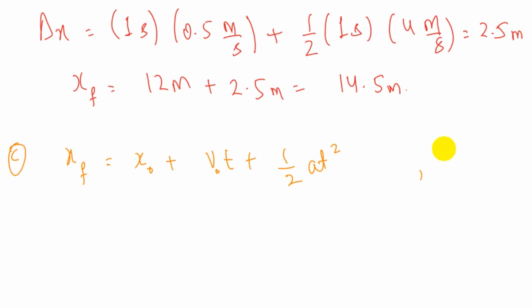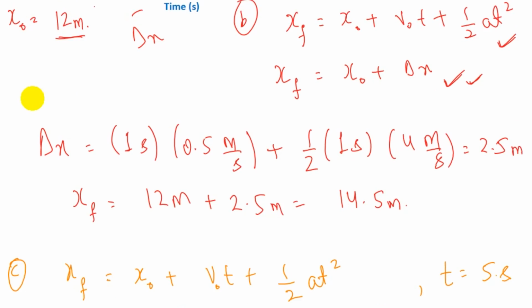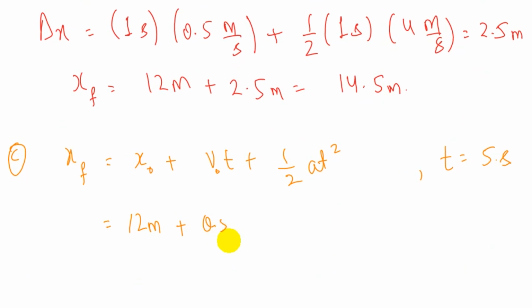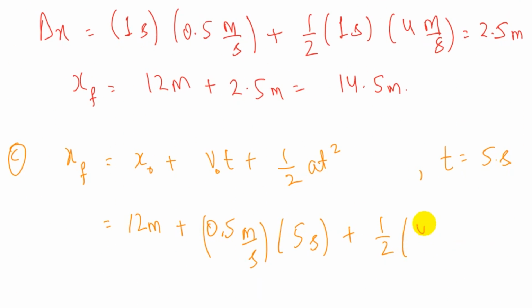Now we need to find the position at time t equals 5 seconds. So we can put all the values here. X naught we already know, it is 12 meter, the initial position of the object. V naught is the initial velocity, which is 0.5 meter per second, and time we take to be 5 seconds, plus 1/2 times the acceleration we already calculated, 4 meter per second squared, multiplied by time squared, so 5 seconds squared.